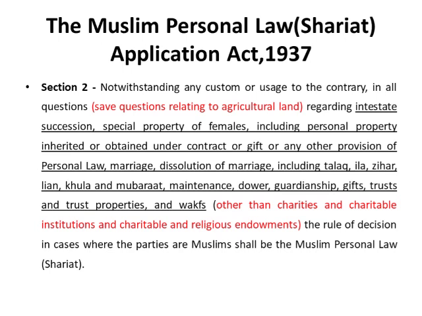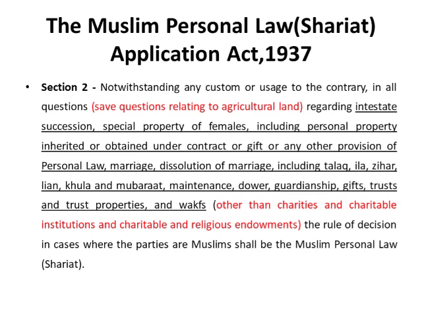The cases where the Shariat Act does not apply are colored in red. They are questions relating to agricultural land. So, gift and family settlements of agricultural land will continue to be subject to the customary law.